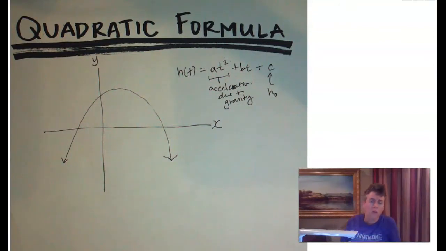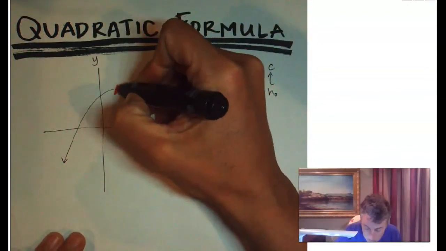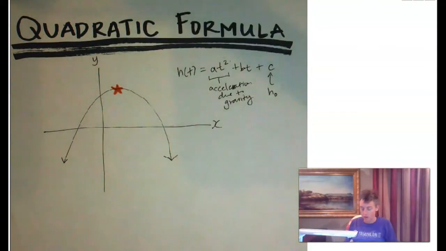So, quadratic formula, why is that useful? Well, these quadratic functions that model lots of things related to how things fall in gravity really only have 3 points that we usually ever care about, to be totally honest. We're interested in the most extreme point on the quadratic equation, i.e. the maximum or the minimum.